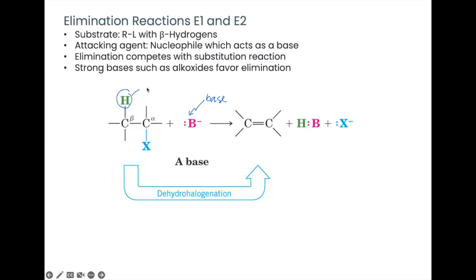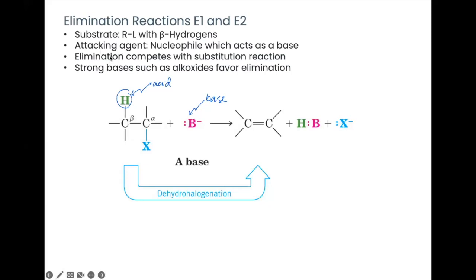So this beta hydrogen is the acidic proton. So this is simply an acid-base reaction. The base will abstract the proton, and this bonding pair will be part of the carbon-carbon double bond, forming your alkene group, or your carbon-carbon double bond. So ganun ang nangyayari.